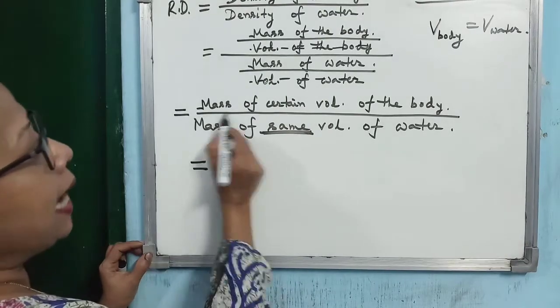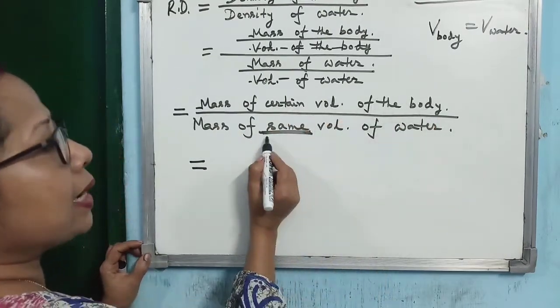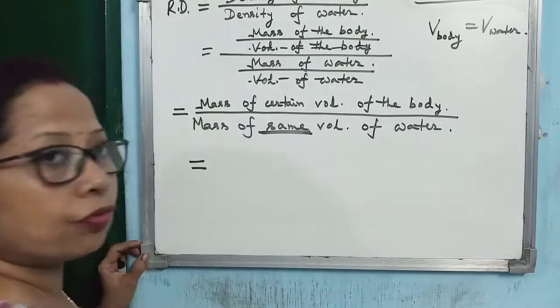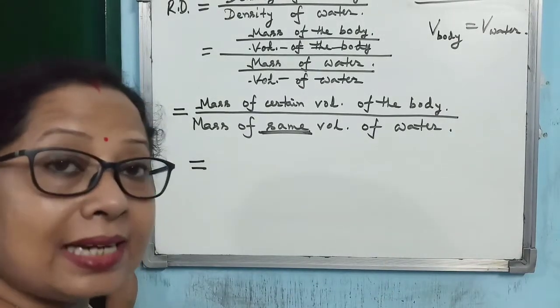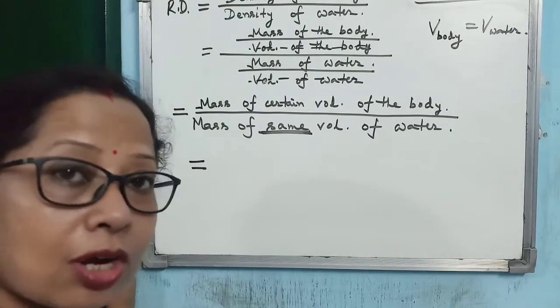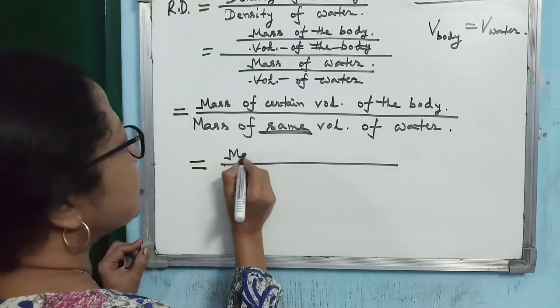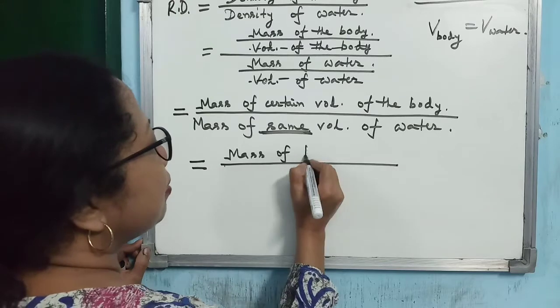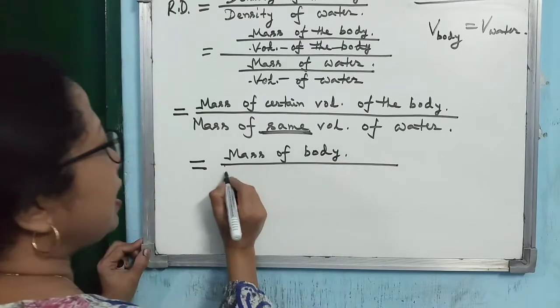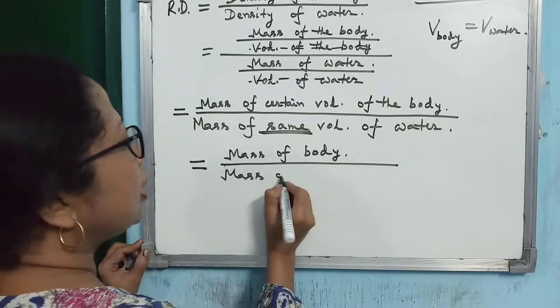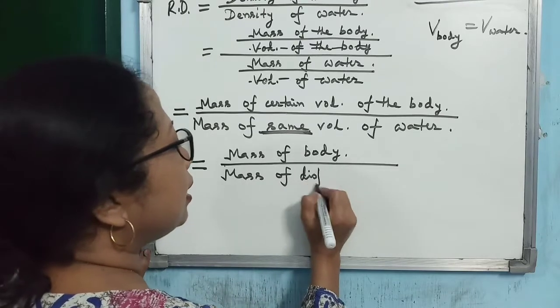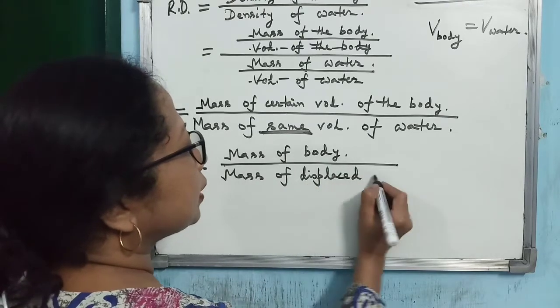Now we know that volume of the body becomes equal to the volume of the water when it is the displaced water. Yes or not? So you can write it this way: mass of the body divided by mass of displaced water by the body.